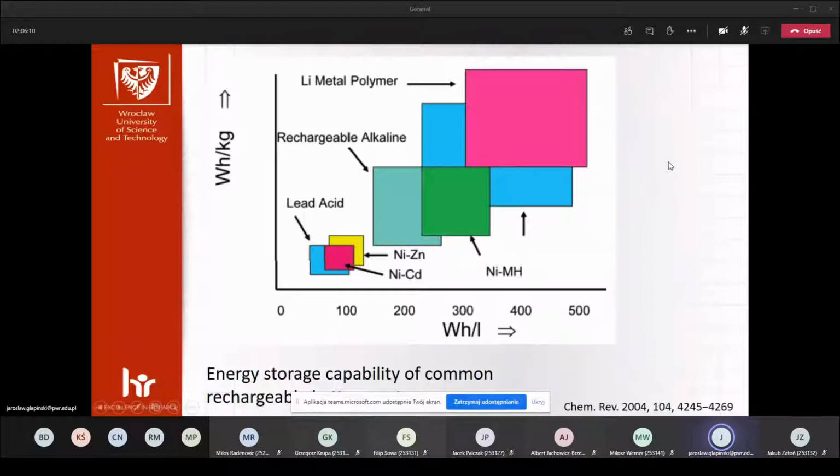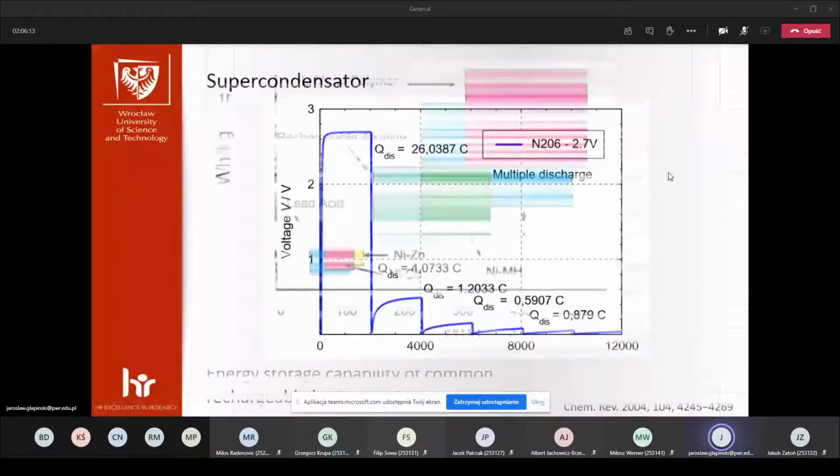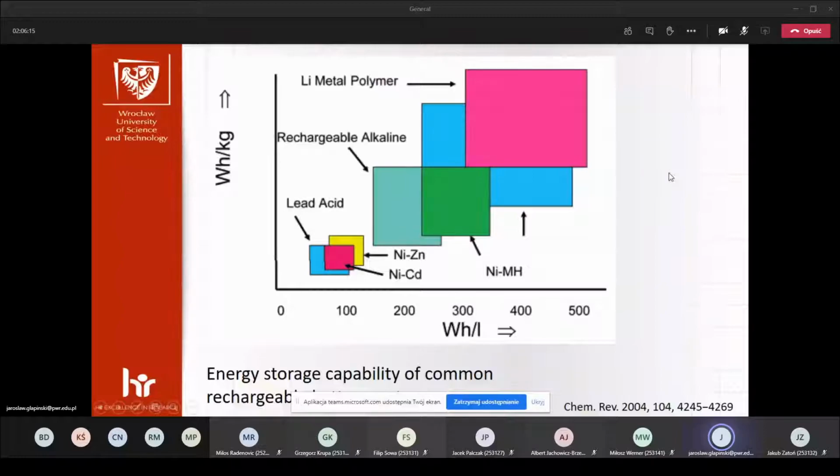So this is the supercapacitor. Generally, if we compare the ability to store energy in different kinds of accumulators, here we've got the liquid acids, lead acids used in our cars, but they need some service, they are very heavy and so on.